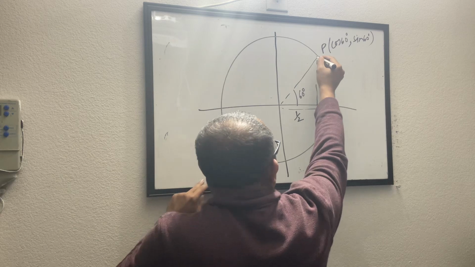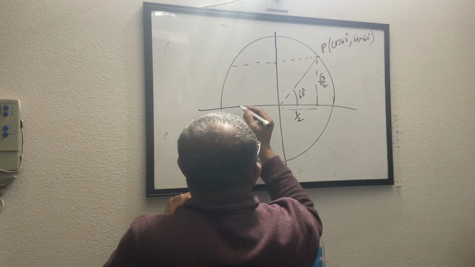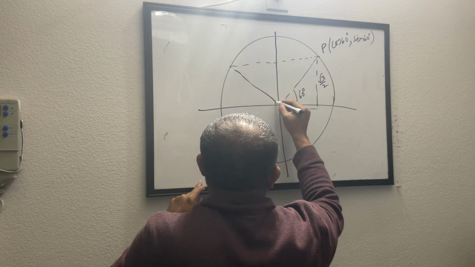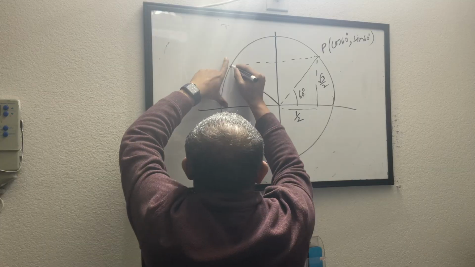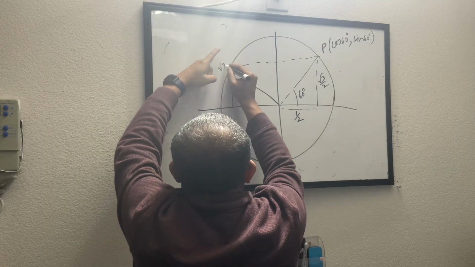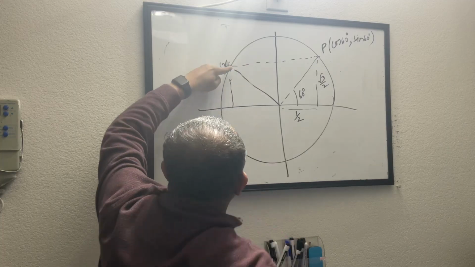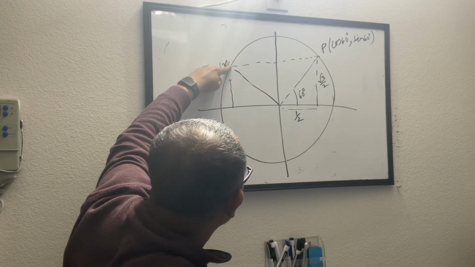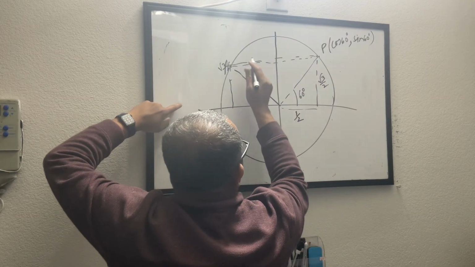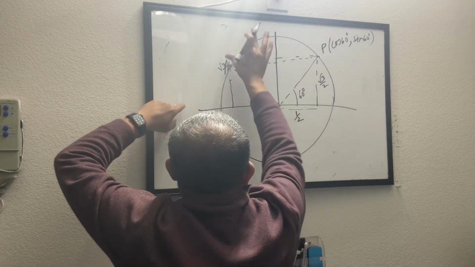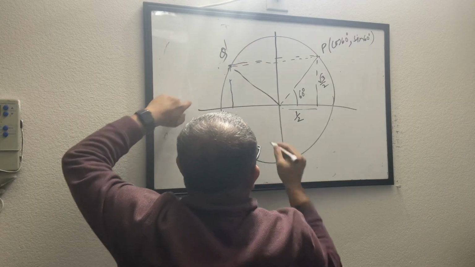Now, look at this. I am picking up another point here such that this height is the same as this height, meaning root 3 by 2 here. So if I look at this point, I have drawn a line parallel to the x-axis, and wherever it meets, let's say this is point Q, and this makes what angle?